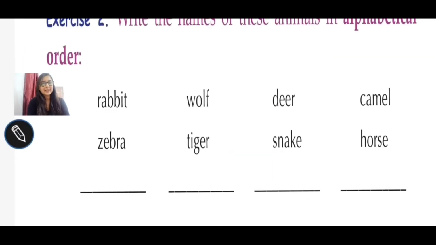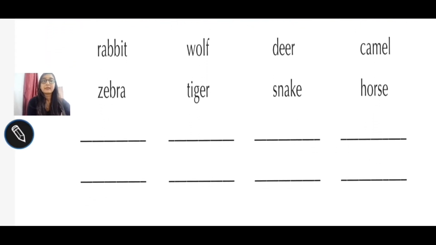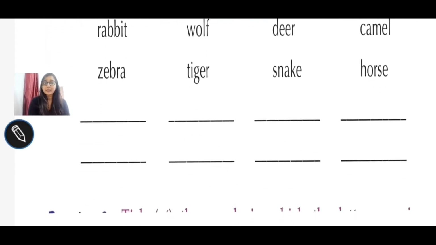See another example. Write the names of these animals in alphabetical order. These are the names of animals and we have to sort them in alphabetical order. Let us look at the names first: rabbit, wolf, deer, camel, zebra, tiger, snake, horse.